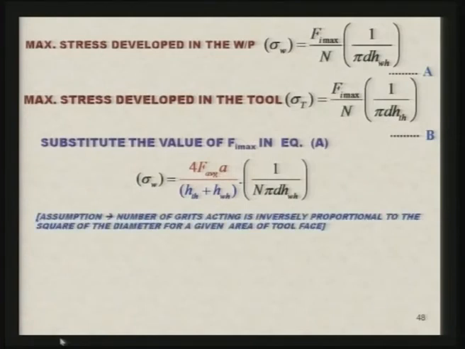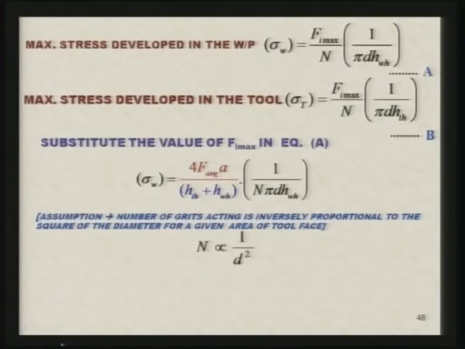The assumption made here is as follows: the number of grits acting is inversely proportional to the square of the diameter for a given area of tool face. I have already shown one slide regarding this.